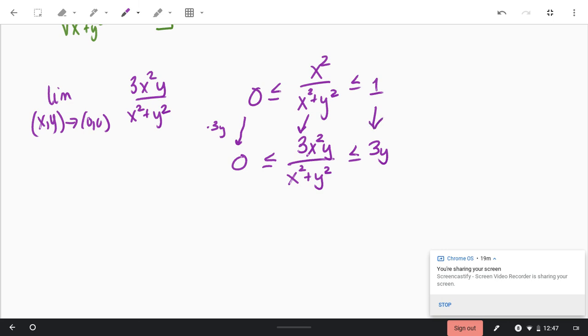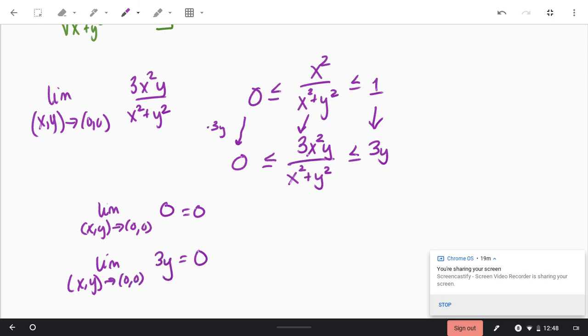Now we can use our squeeze theorem. The limit as x, y goes to 0, 0 of 0 is 0. And the limit as x, y goes to 0, 0 of 3y is also 0.